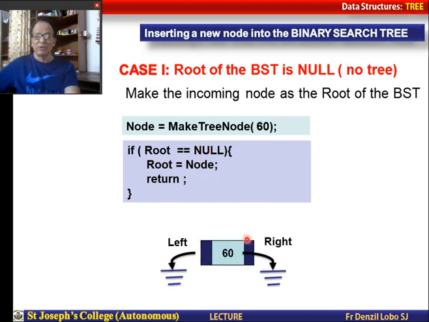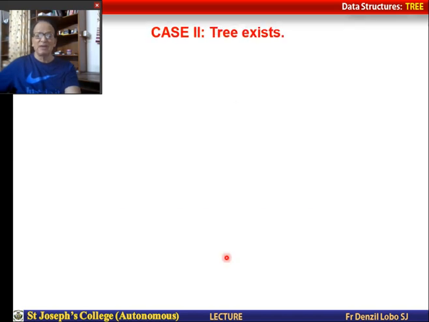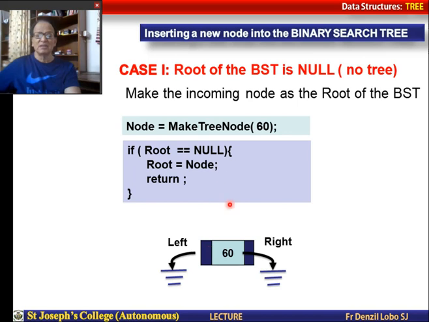So here, for example, I've created this node containing 60, and that is the root, and then the left will later point to the left subtree, and the right will later point to the right subtree, depending on the values of the incoming nodes.